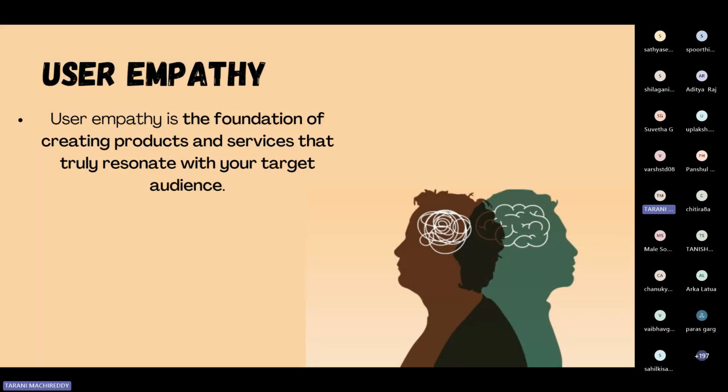It's not just a buzzword, but a fundamental principle that can transform the way we design and interact with the world around us. As we know, user empathy is the ability to put ourselves in the shoes of users, to see the world from their perspective and understand their feelings, thoughts and needs to build a product. It involves a deep, immersive understanding of their challenges and motivation.